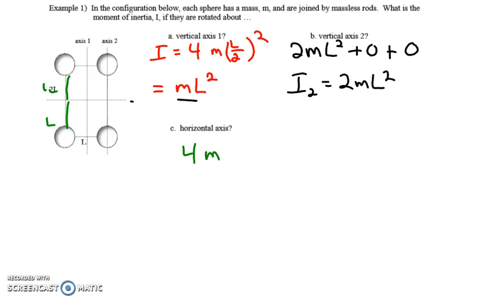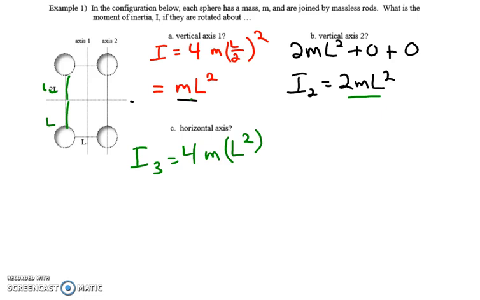So 4 masses, each L squared away. And that's all I have to do. So the I for the third situation is 4mL squared, which is twice this, and 4 times that. So that is the axis that would be most difficult of those 3. The question is, is there another axis that would be even more difficult? And the answer is yes. I'll leave it to you to try to figure out which axis of all the possibilities would be most difficult to rotate around.